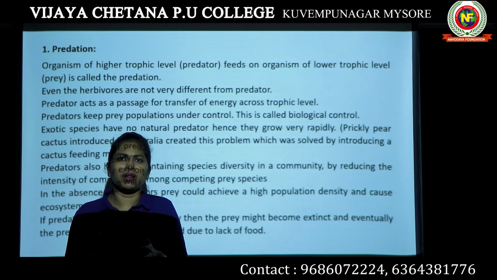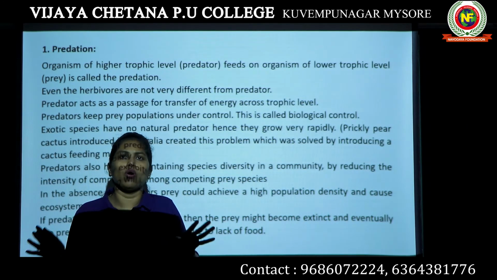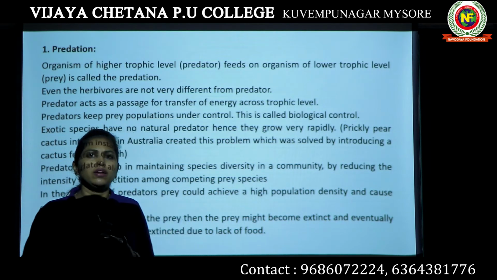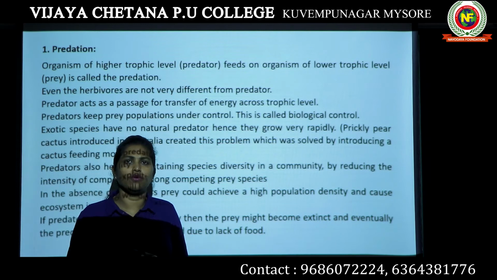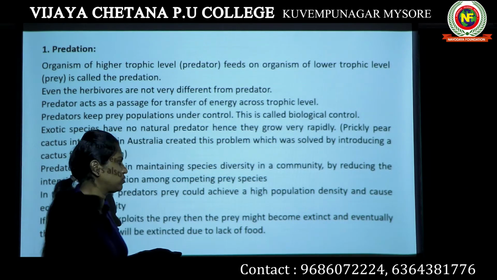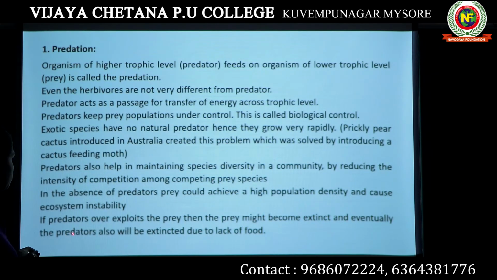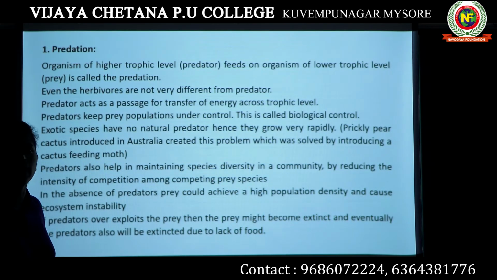Considering that there are more prey in the forest, the predators cannot feed on all the prey. Okay, there has to be a stability between everything. Only then there is a proper food chain and ecosystem stability. So predators will also become extinct due to lack of food.